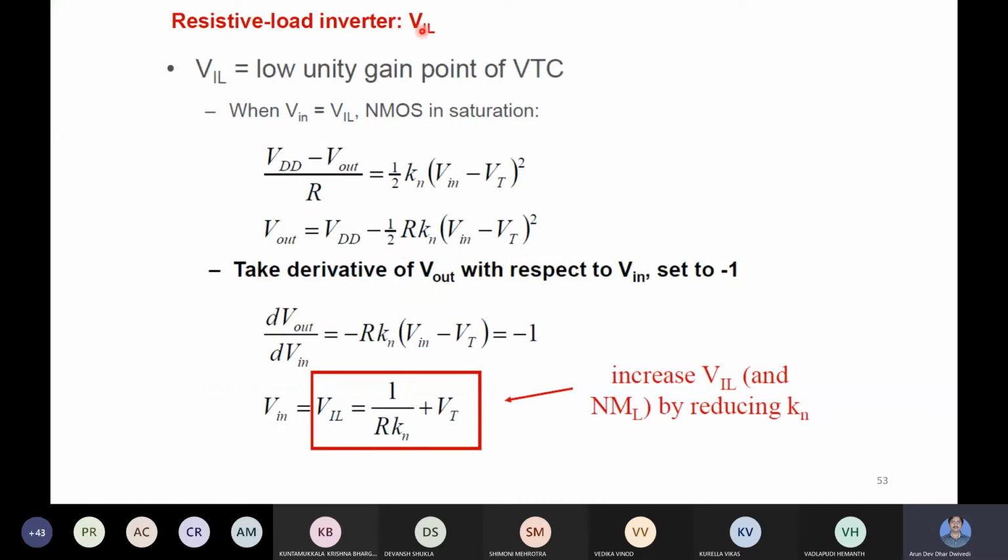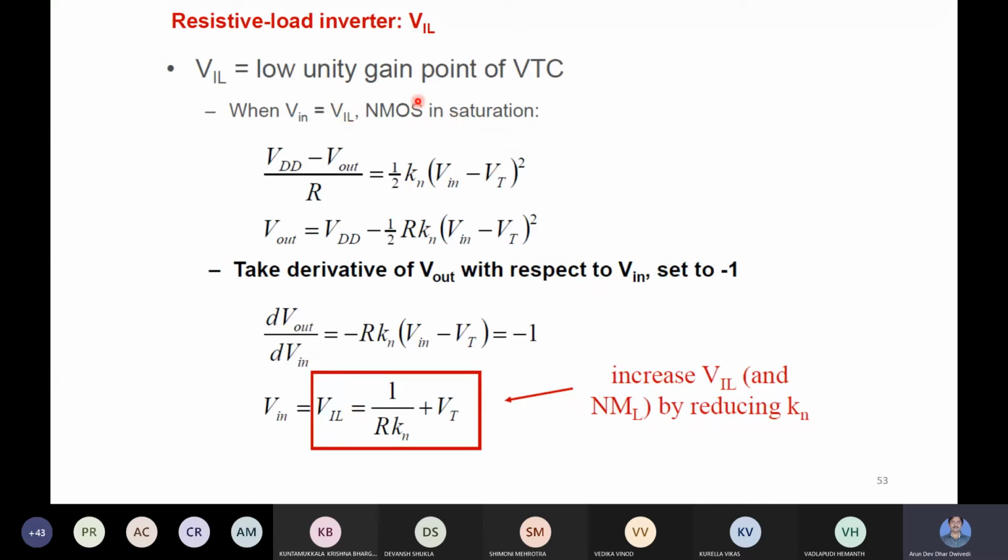Also, for the resistive load inverter, VIL can be calculated. In this case, when we consider VIL, we have to consider the first negative slope point. In that case, the input can be considered as equal to VIL, and the NMOS transistor will be in saturation.